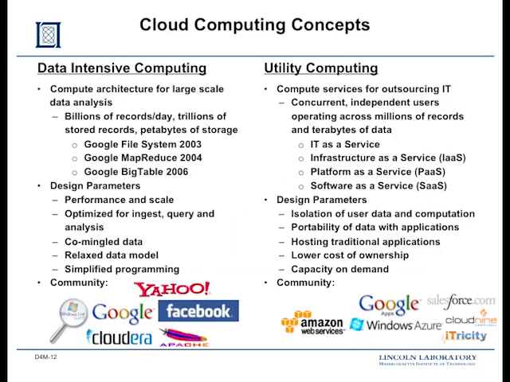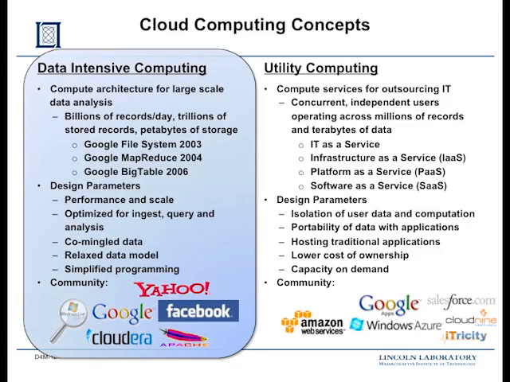It wouldn't be a class on computing in 2012 unless we talked about the cloud. So we definitely need to talk about the cloud. And to make it simple for people, we're going to divide the cloud into two halves. You can subdivide the cloud into many, many different components. There's what we call utility cloud computing, which is what most people use the cloud for.